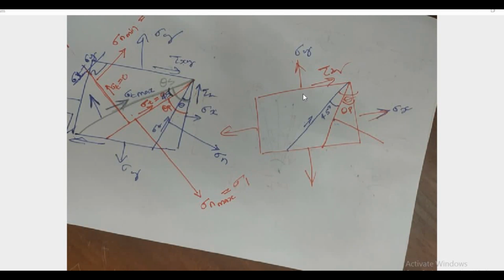We will discuss this Mohr circle method in the next lecture. So that is the graphical method to calculate all the stress components, instead of using the 8 formulas which we discussed in this lecture. Thank you.